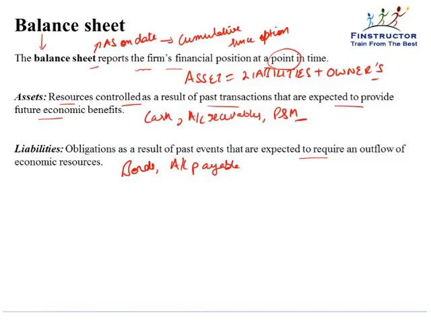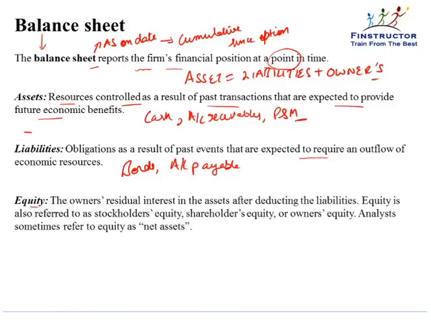The difference between the assets and the liabilities is what belongs to the owners of the business is called the net assets or owner's equity. So this is the owner's residual interest in the assets after deducting the liabilities. Or assets minus the liabilities will give us the owner's equity. This is also called as simply equity, stockholders' equity, shareholders' equity, net worth, or owner's equity.